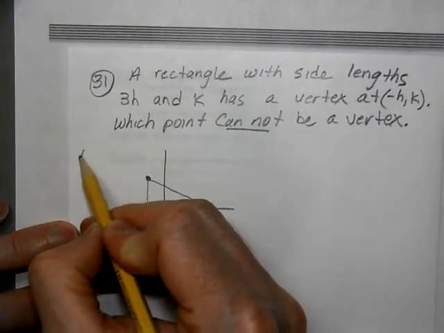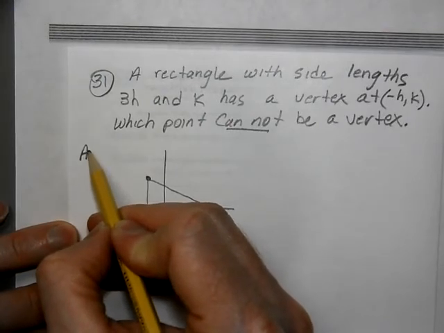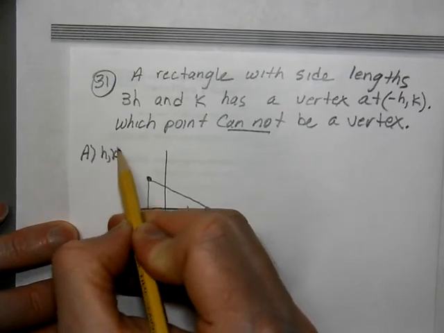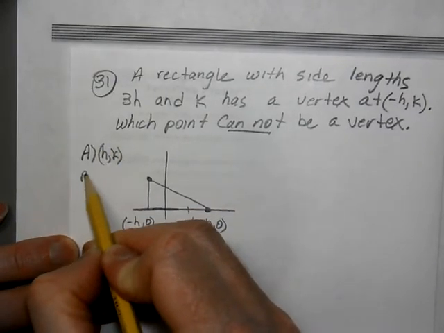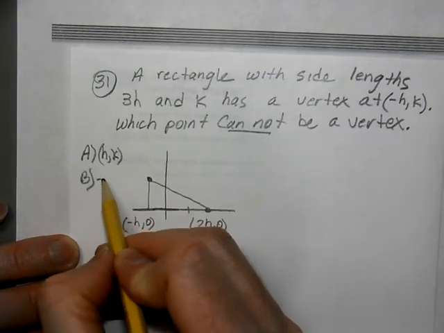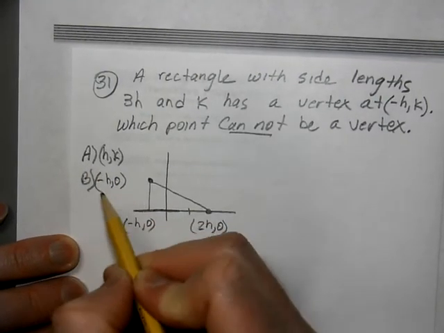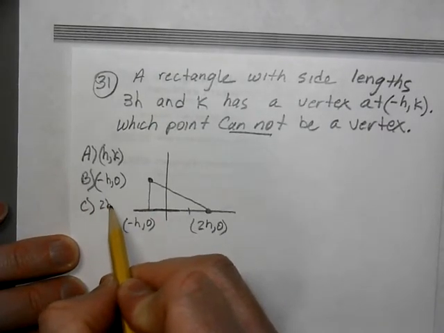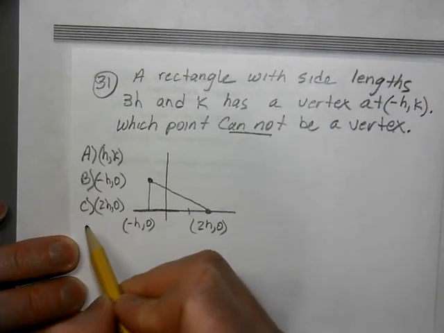So option A is h comma k. Option B is negative h comma 0. Option C, 2h comma 0.